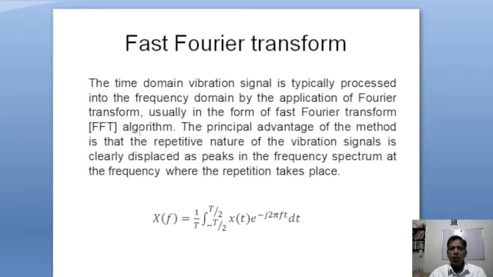But how does this algorithm work? The principal advantage of the method is that the repetitive nature of the vibration signal is clearly displayed as peaks in the frequency spectrum.